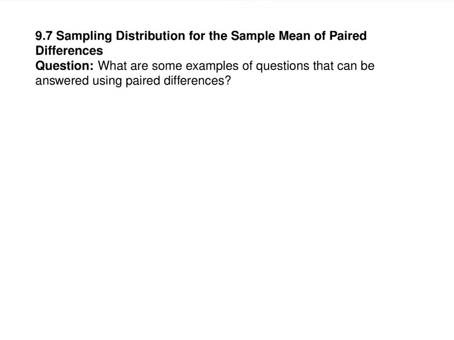Next, we have the sampling distribution for the sample mean of paired differences. So the first question is, what are some examples of questions that can be answered using paired differences? So one would be, does the Atkins diet lead to weight loss? What is the average age difference between husbands and wives?